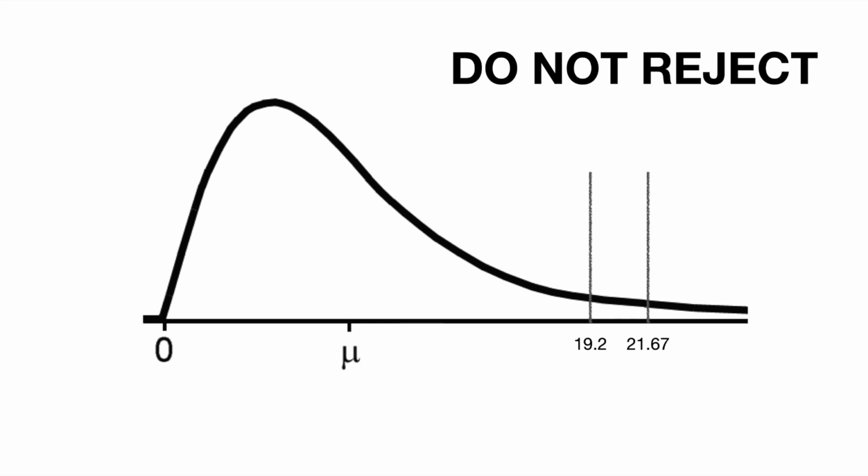They'll meet up. 21.67, that is at 10 minus 1, 9 degrees of freedom at the 1% significance level. It gives us a chi critical of 21.67. Notice how our 19.2 seems perfectly reasonable to suggest that the variance is still somewhere around at most 0.75.